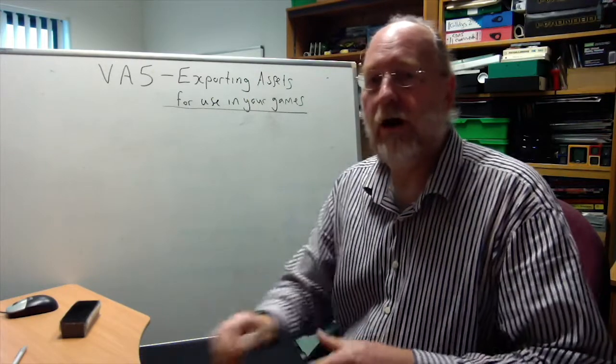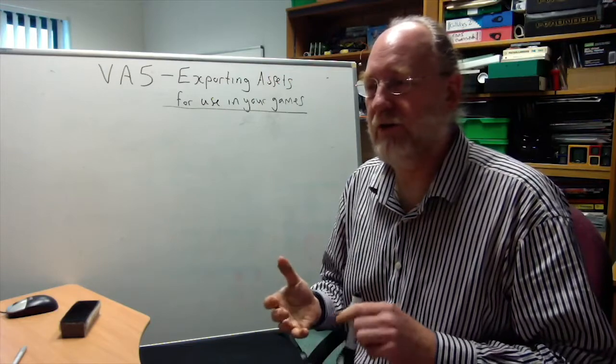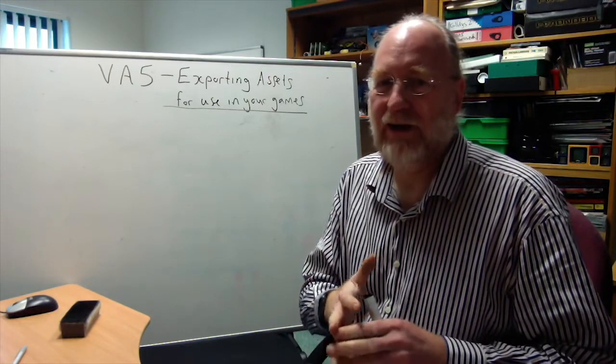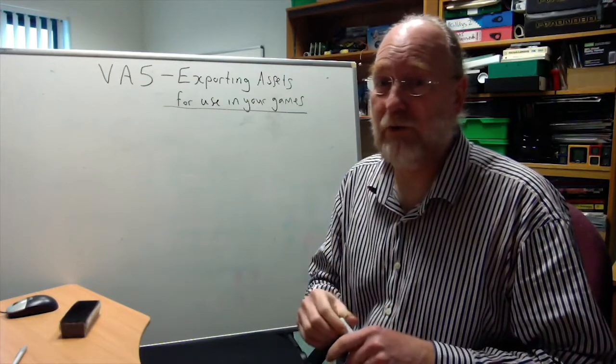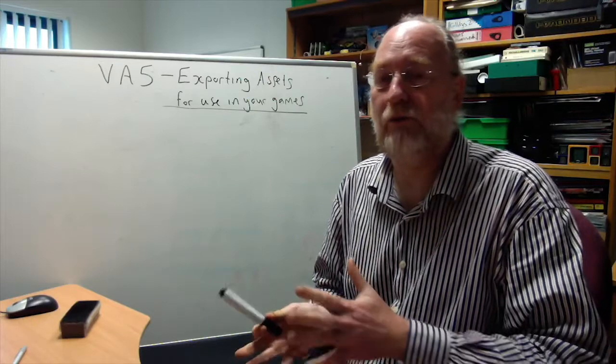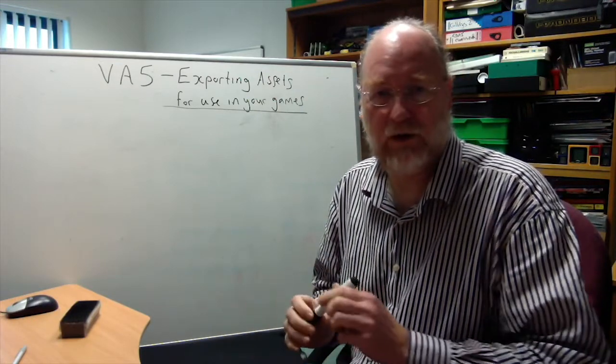Okay, so the first thing to bear in mind when you're trying to create assets is that if you don't get the asset production right, then you're going to potentially have an awful lot of wasted effort if you are unable to export the asset in the right format for the game engine that you're using.